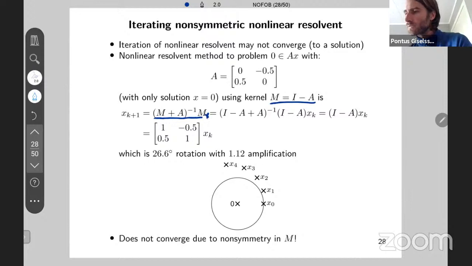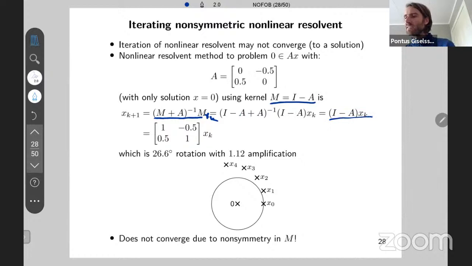If we apply the nonlinear resolvent to this problem with this M, we have M here, M here, and M here. I forgot x_k here. Then the parentheses actually become identity, and the inverse is just identity again.